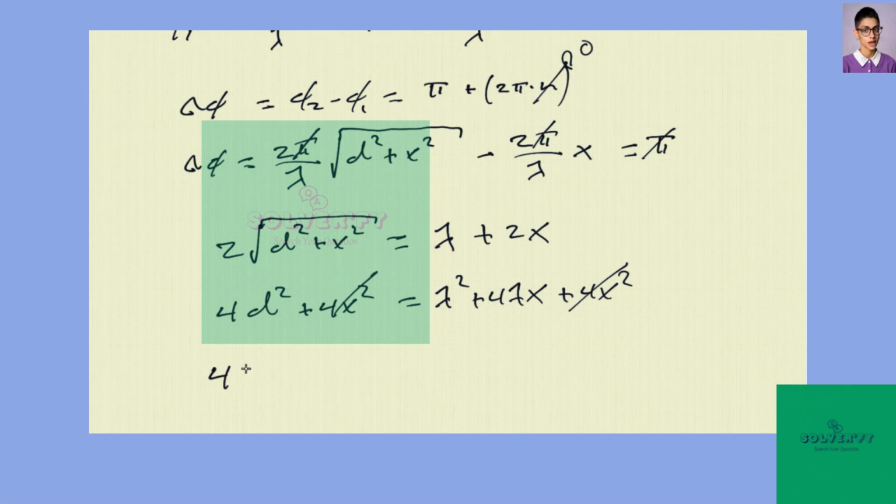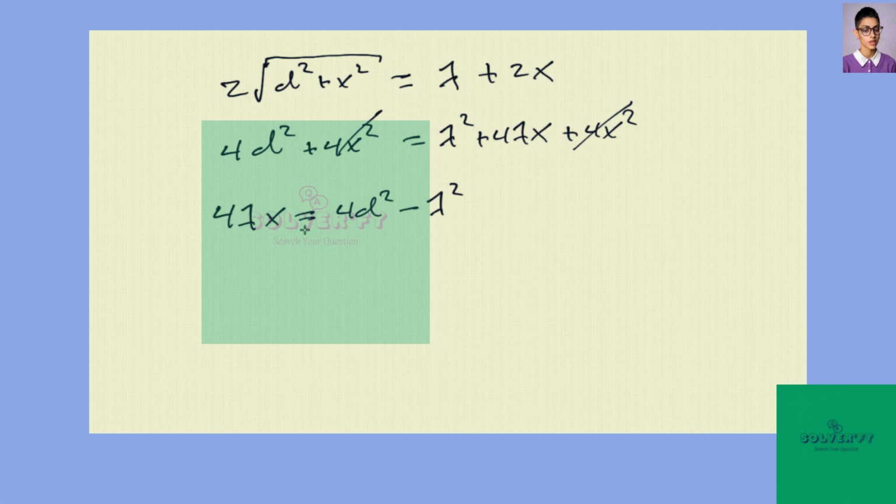I have 4 lambda x equals 4d squared, and I've brought the lambda squared to the other side, so minus lambda squared. Dividing by 4 lambda to isolate x, I have x equals 4d squared divided by 4 lambda, which is d squared over lambda, and then minus lambda squared divided by 4 lambda, which is lambda over 4.